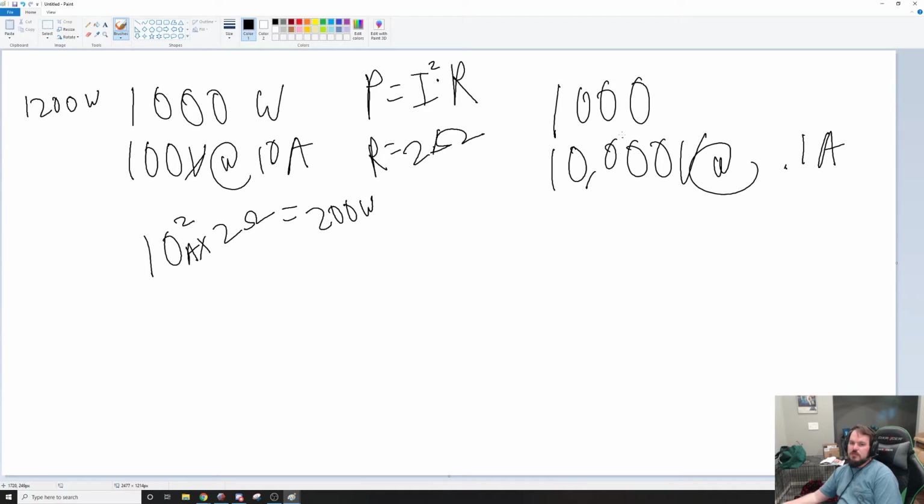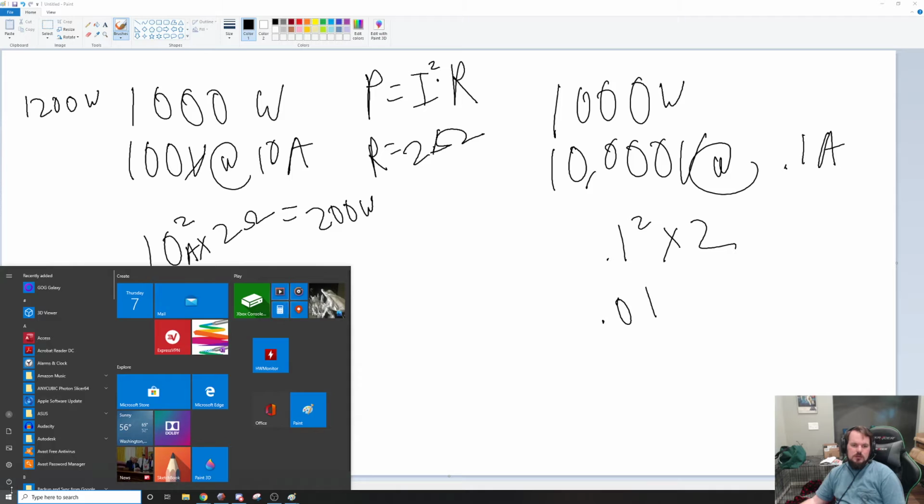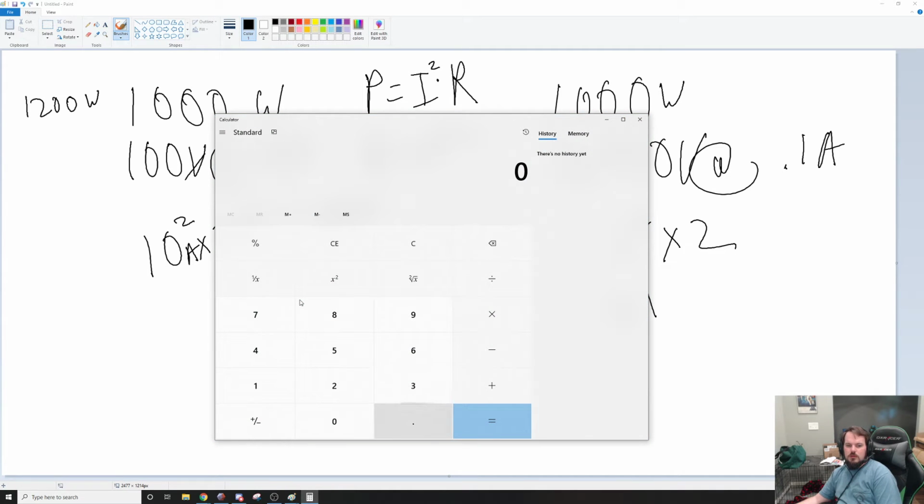Conversely, this is 0.1 squared times 2. Well, 0.1 squared is 0.01.